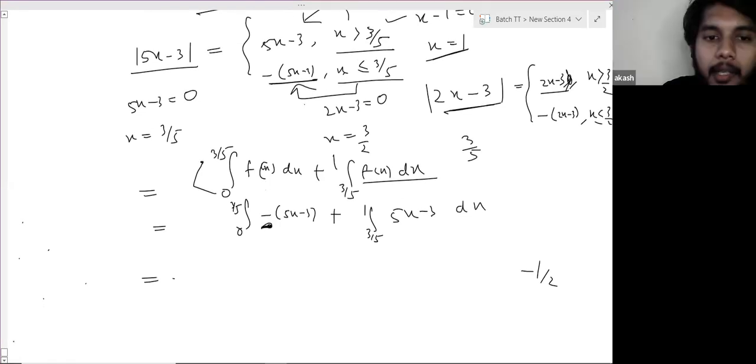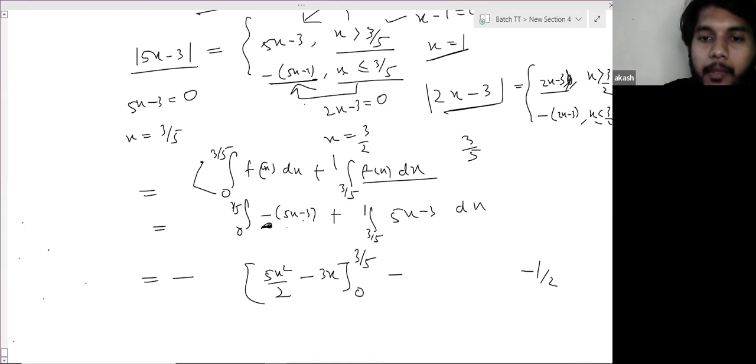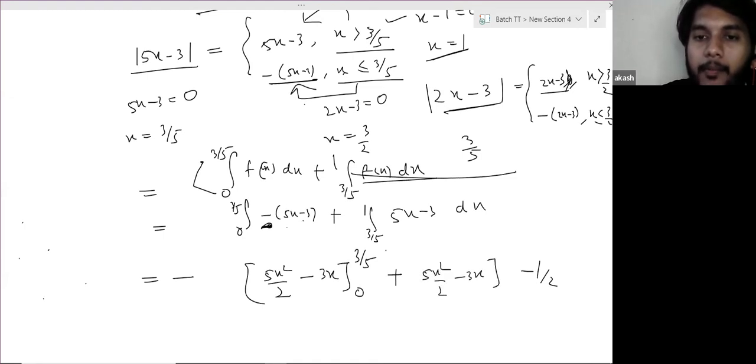Let's take this negative sign outside. All right, integration of 5x is 5x squared by 2 and minus 3 is minus 3x, from 0 to 3 by 5, and plus this is 5x squared by 2 minus 3x, from 3 by 5 to 1.